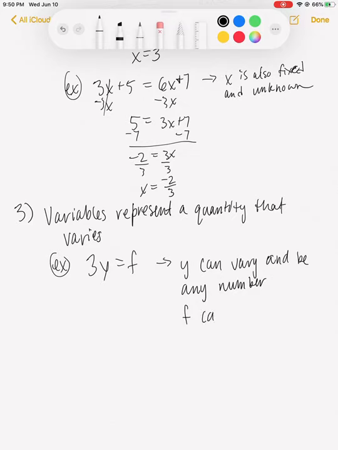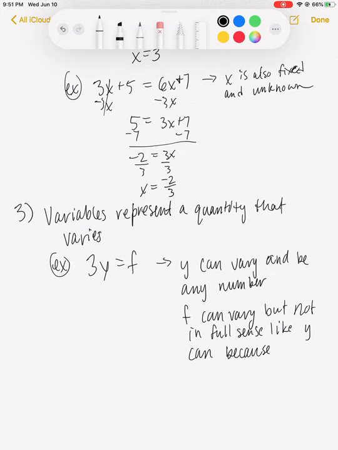F can also vary, but not in the full sense like y, because f depends on y.